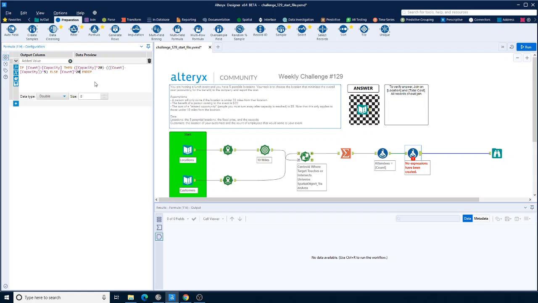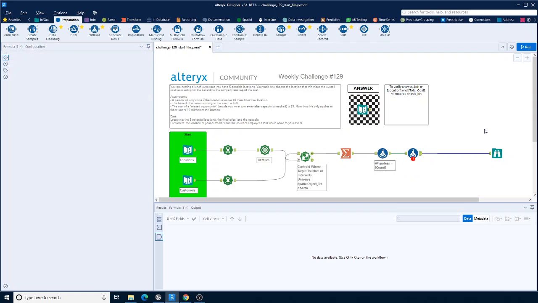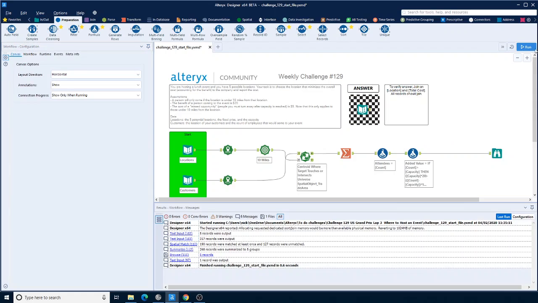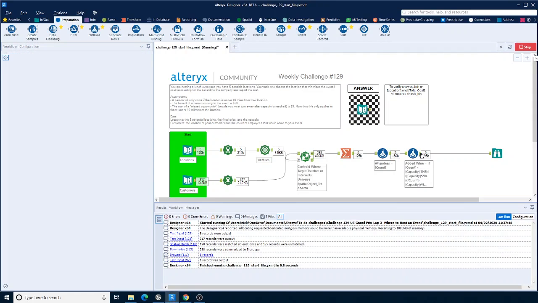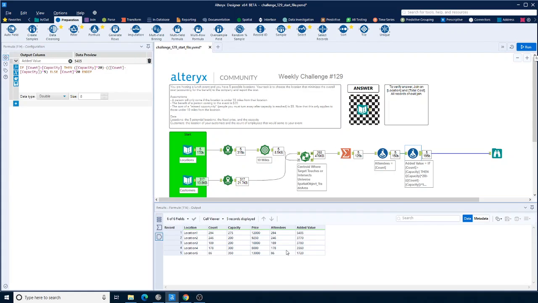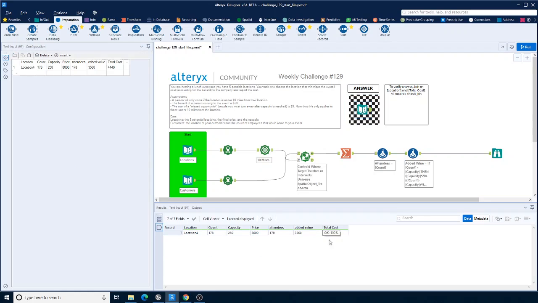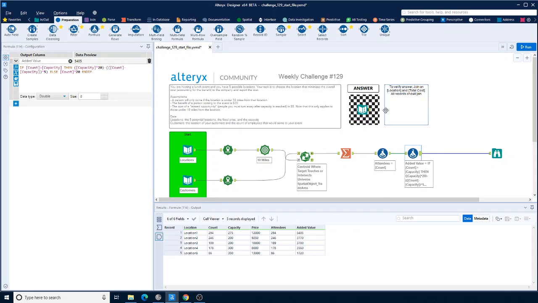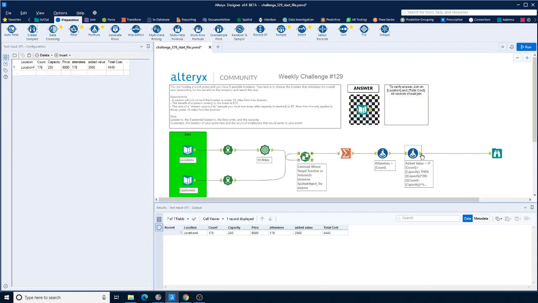Okay, so that should give us a number. Let's have a look what it does. Okay, we've got 3,560 for location 4, which is what's up here. 3,560. Perfect. Okay, right. So now we need to find the total cost.